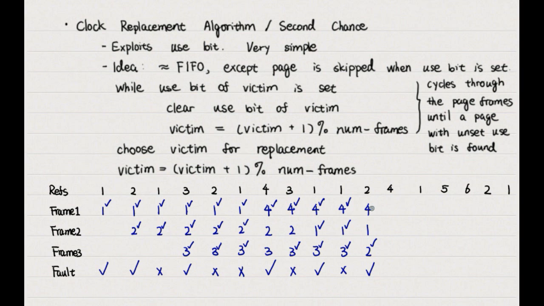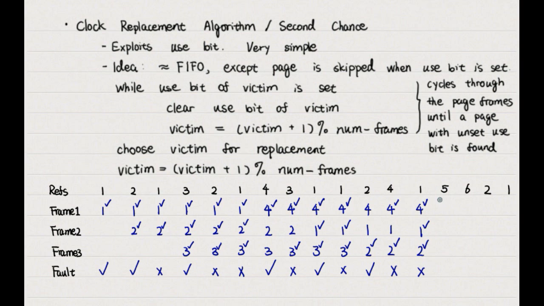Now we have 4, so we set the use bit of 4 as 1 again. No page fault here. Now we have 1, and 1 is already in memory, so we need to update its use bit. No page fault here too.